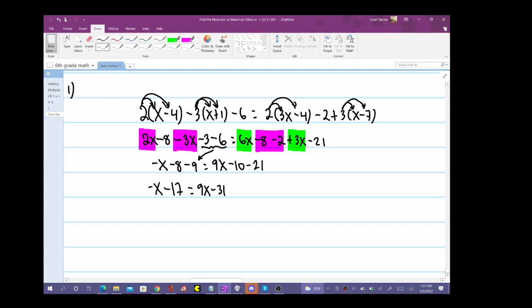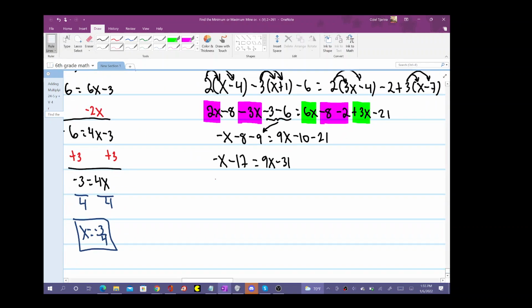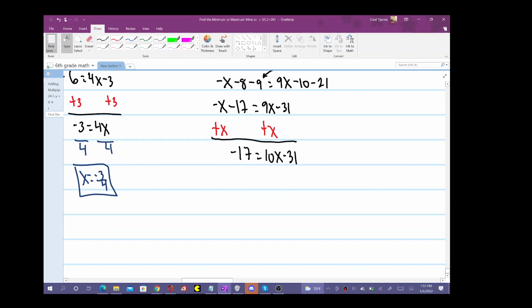So as you can see, we've simplified it so much so to the point where we have an x on both sides. So now we have to eliminate one of the x's. So plus x on both sides, right? We have negative 17 equals 10x minus 31. We add 31 on both sides, and then you do 31 minus 17.